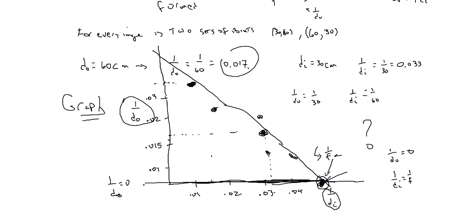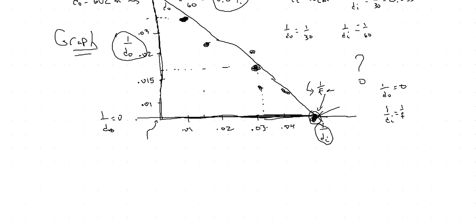Now, we go the other way. What about at the top? Look at the top, where it hits the vertical axis. At that point, 1 over di is equal to 0.